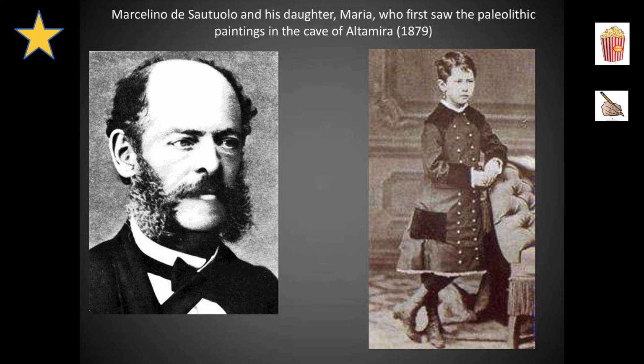He was exploring a cave on his estate where he had previously collected specimens of flint and carved bone. Maria, his young daughter, was with him, and the child was the first to notice, due to her lower vantage point, the shadowy forms of bison.